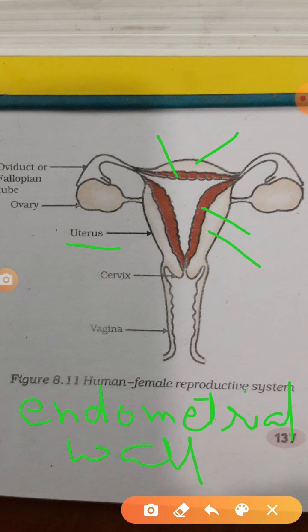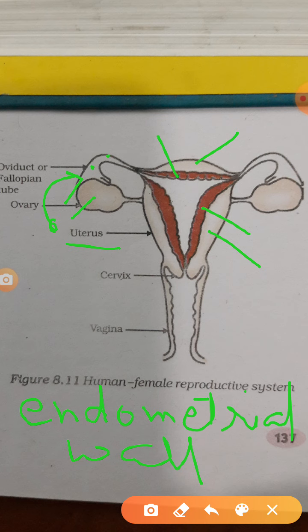So when the eggs are produced from the ovary, the eggs are released out into the abdominal cavity. That is received by this broad portion of the tube which is funnel shaped. From there, this egg passes into the canal.